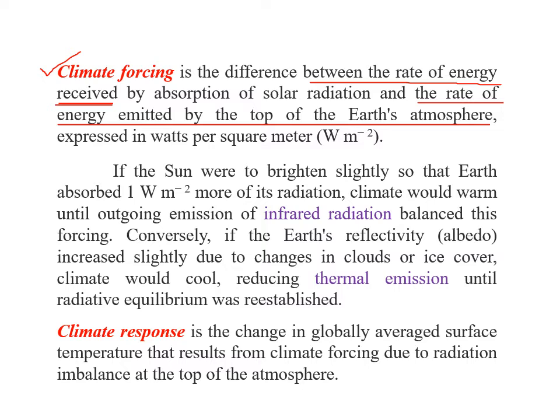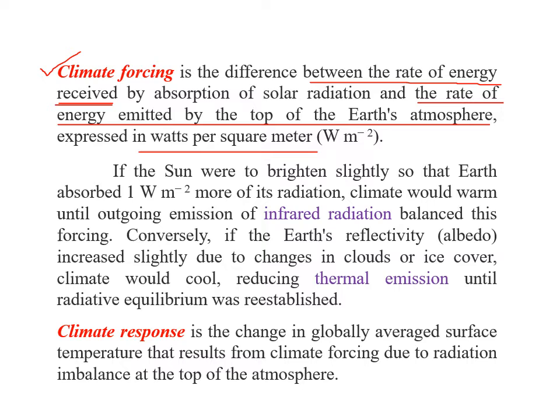If this balance is disturbed, then either the Earth will become hotter or the earth will become cooler. So there will always be a balance. Now this climate forcing is expressed in watts per square meter, that is symbolized as W per m square.